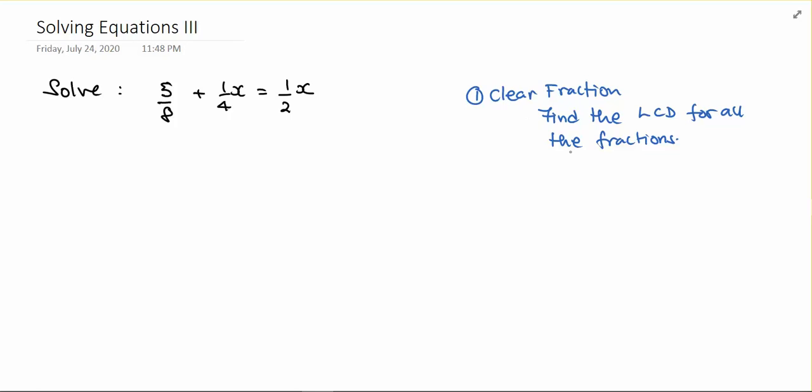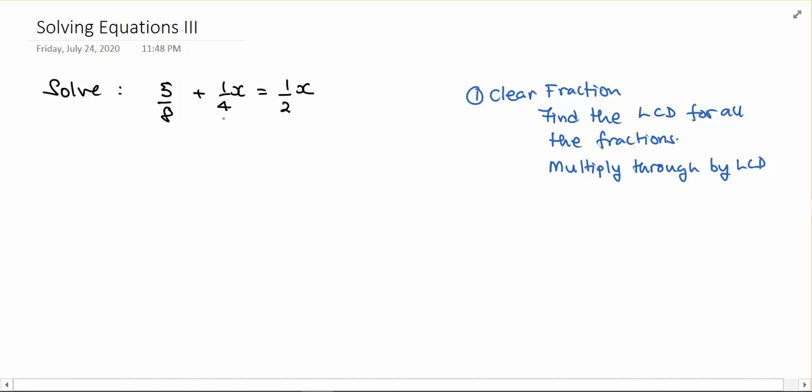You find the LCD for all the fractions and then you multiply through by the LCD. So I take a look at this problem and I see three denominators, 8, 4, and 2, and the LCD for this problem is 8.